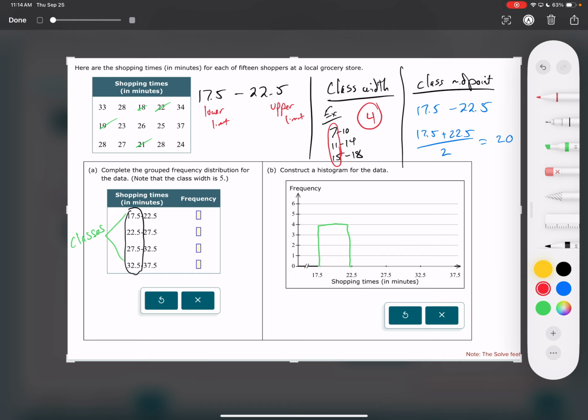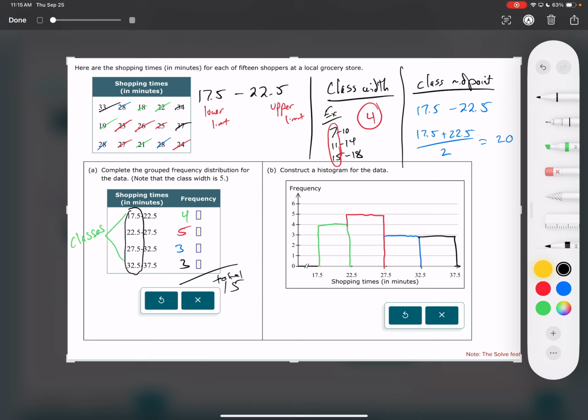Oh, I need to write that over here, don't I? 22.5 and 27.5. 1, 2, 3, 4, 5. 27.5 to 32.5. 1, 2, 3. Okay. And then the last one's 1, 2, 3. Did I get them all? 6, 10, 15. Yep, that's right. Okay.